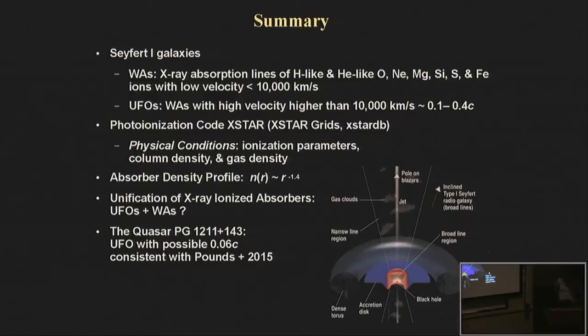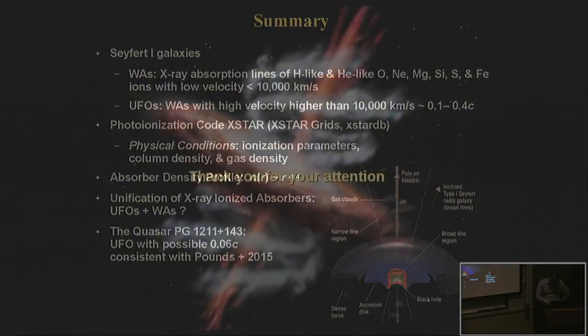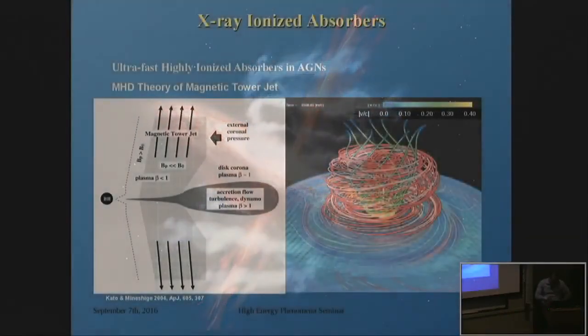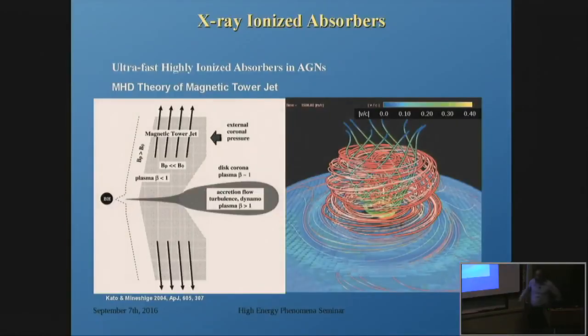What sort of mechanical power is being carried in these ultra-fast outflows? There are different theories. One of them is a magnetohydrodynamic theory, where, as you see, there is a simulation using magnetohydrodynamic theory, and it reached the speed of 0.1 speed of light.